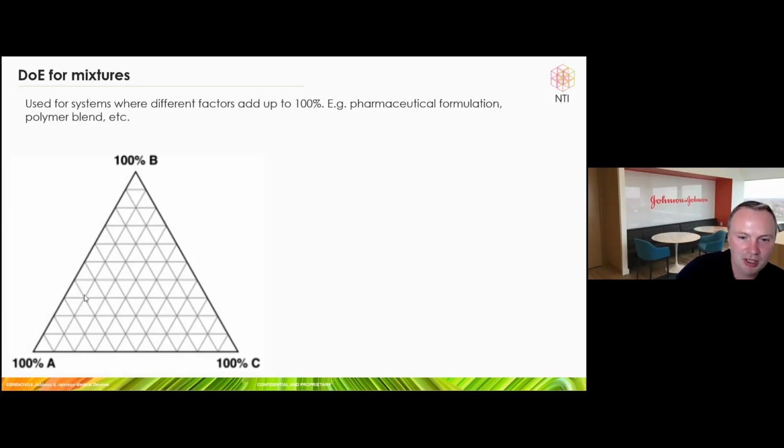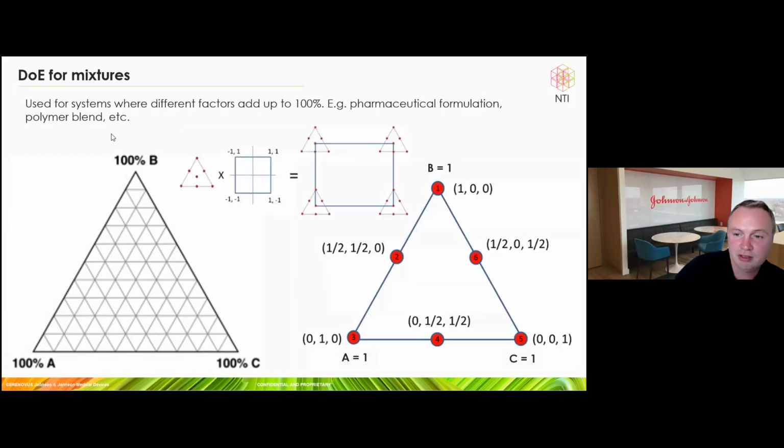Instead of that cube shape, you can have this triangle shape. So you can see here, as you reduce this factor C, the other components go up. And then you can combine them together. So you can do all sorts of fancy stuff where you combine a mixture and a regular factorial DOE together.